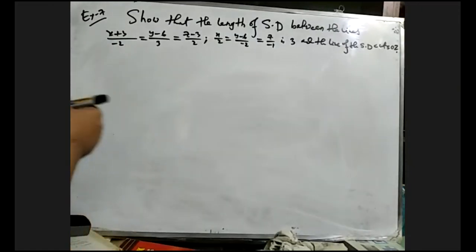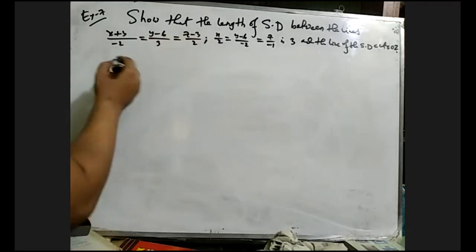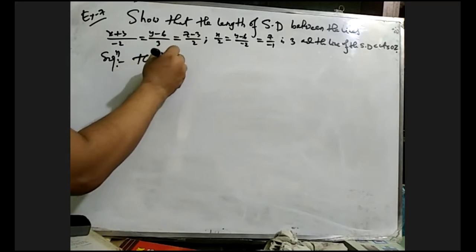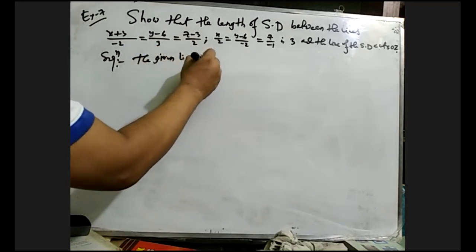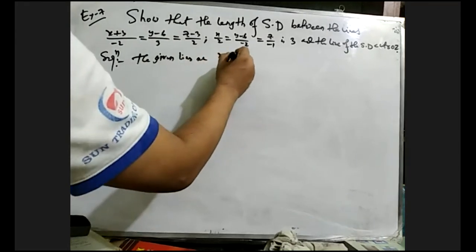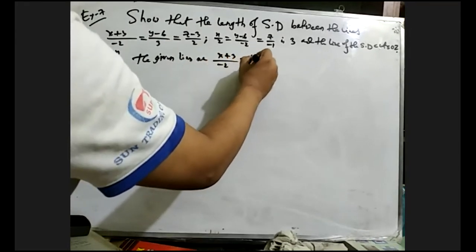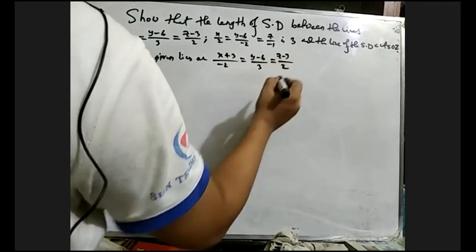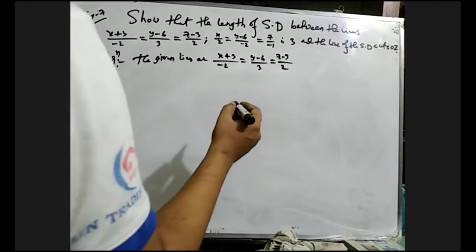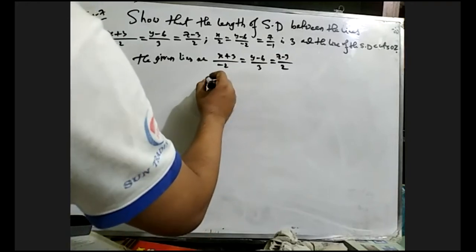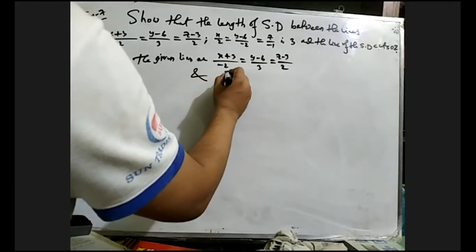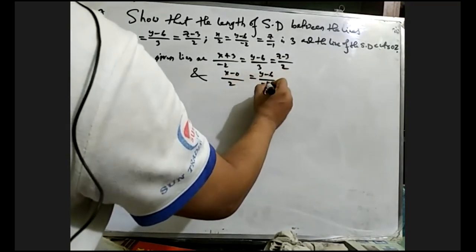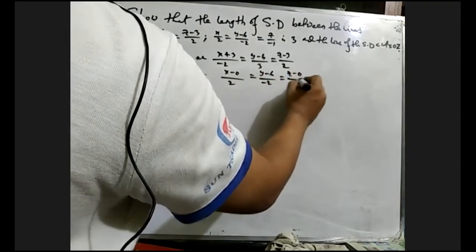Now the given lines are, solution: the given lines are (x plus 3) divided by minus 2 equals (y minus 6) divided by 3 equals (z minus 3) divided by 2, and another one is (x minus 0) divided by 2 equals (y minus 6) divided by minus 2 equals (z minus 0) divided by minus 1.